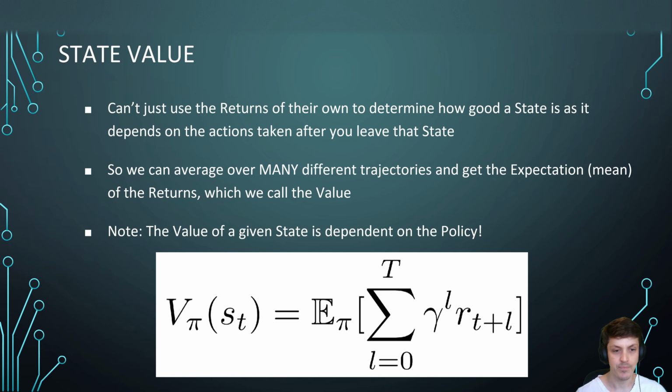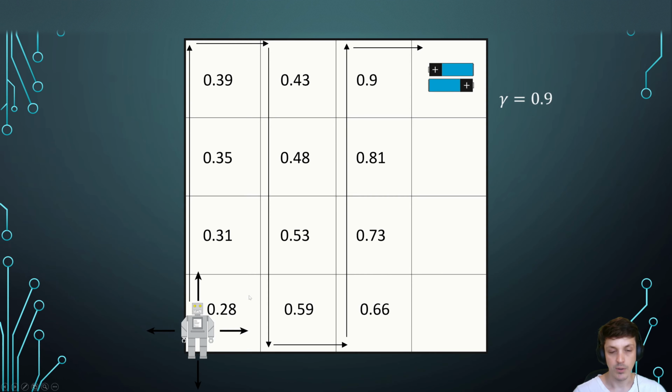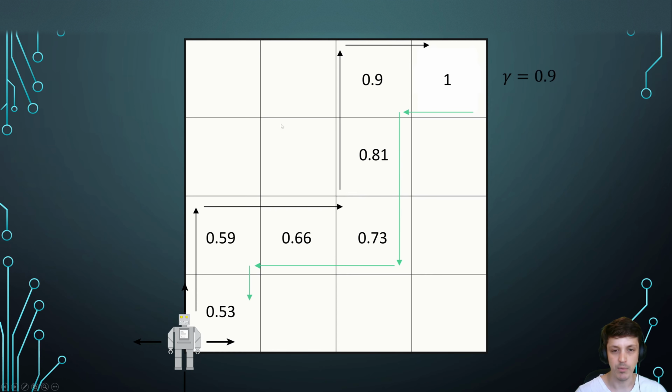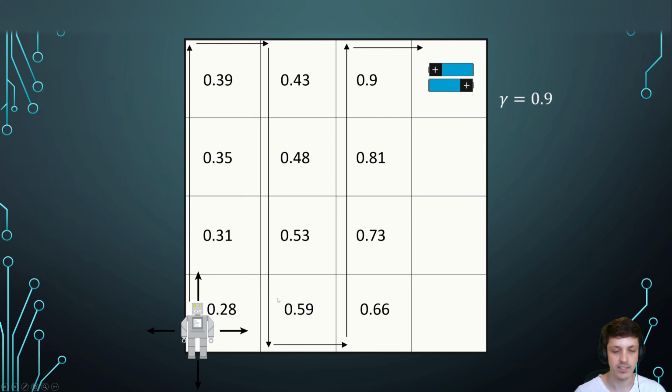And this is true. The final point here is also important: the value is dependent on the policy as well. The policy is how we decide what actions to take. Here we're assuming we're just taking random actions. If you were to take just random actions, do many, many trajectories, and calculate the value, you'll get a certain set of numbers.